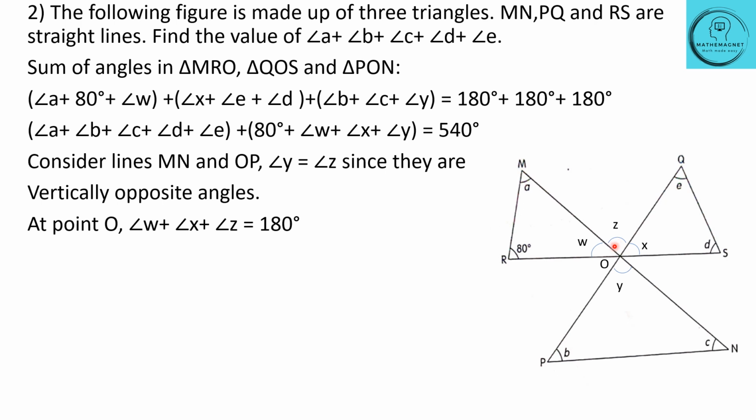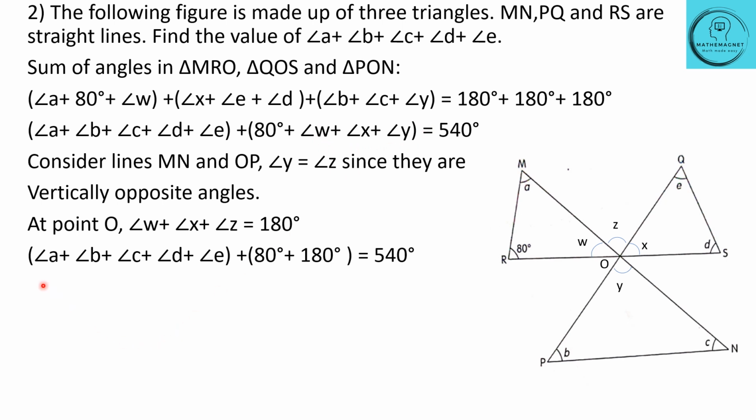Now at point O, angles on a straight line will be equal to 180 degrees. So W plus Z plus X will be equal to 180 degrees. Let's replace this value in this equation. Okay, W plus X plus Z is 180 degrees and we know Z is equal to Y. So we'll replace this by 180 degrees.